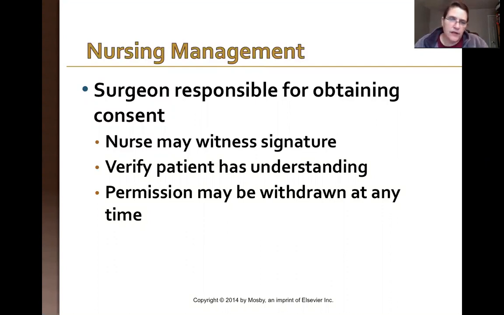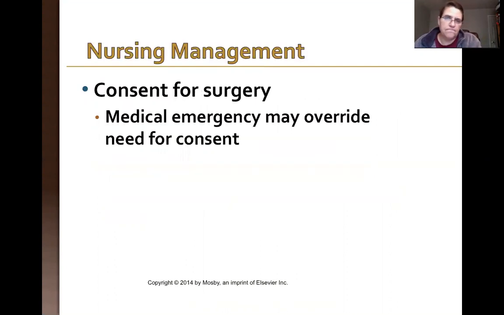In situations that are medical emergencies, the physician can override the need for consent, especially if there's no one there. They can document a medical emergency and take the patient to surgery.